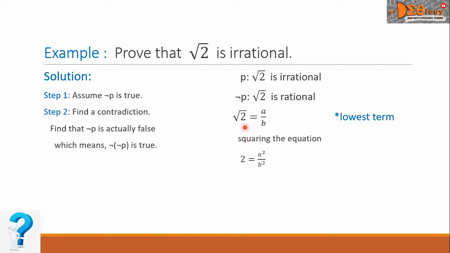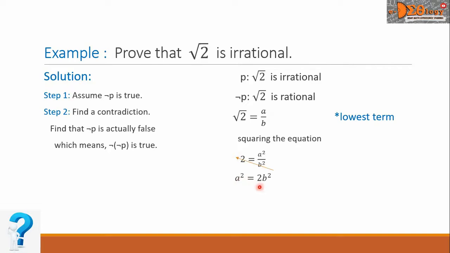The square root of 2 becomes 2 equals A over B, which when squared becomes A square over B square. Let us cross multiply this B square to the number 2 on the left side. So that becomes 2B square. Or we can write A square equals 2B square.